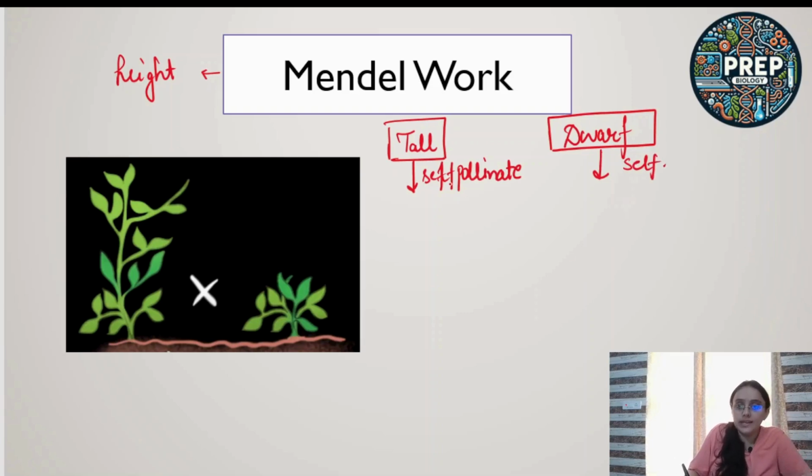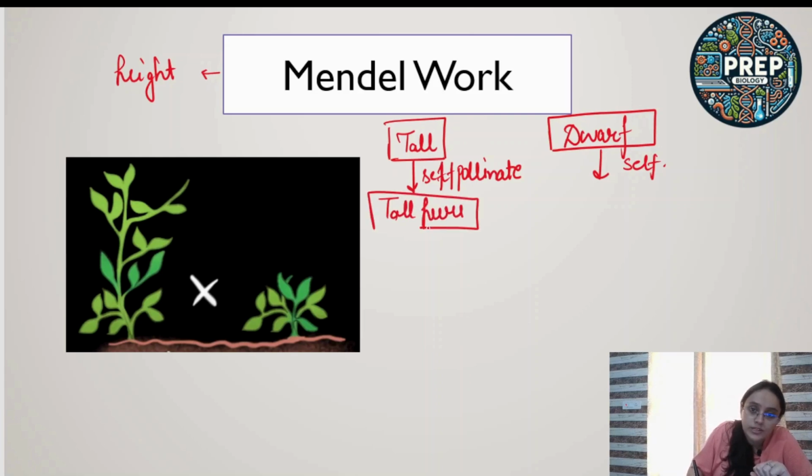When he self-pollinated the tall plant over a number of generations, he found all the plants were tall. So that tall plant is called the pure tall or pure breed plant. He also took a dwarf plant separately and self-pollinated it over a number of generations, and he found pure dwarf plants.